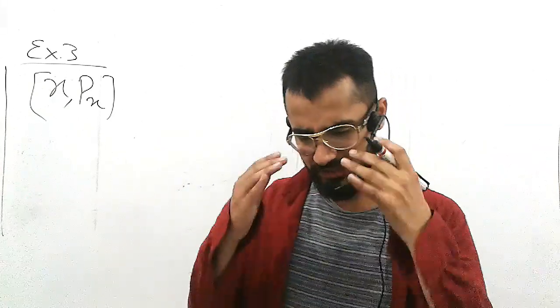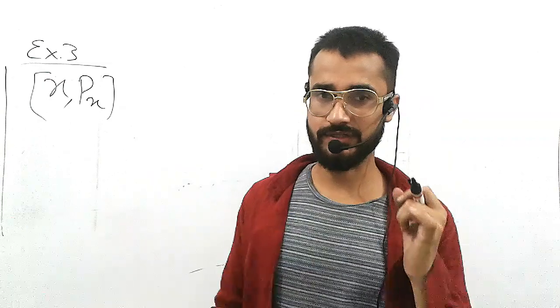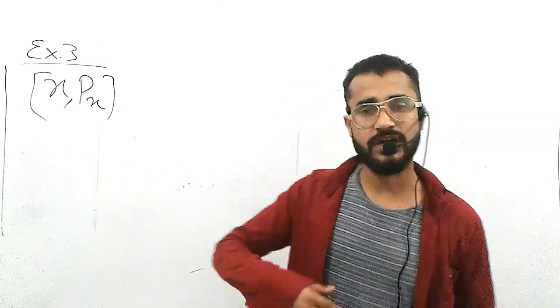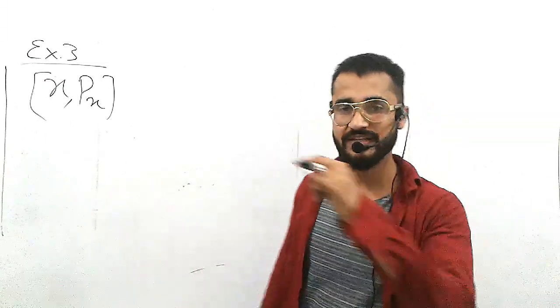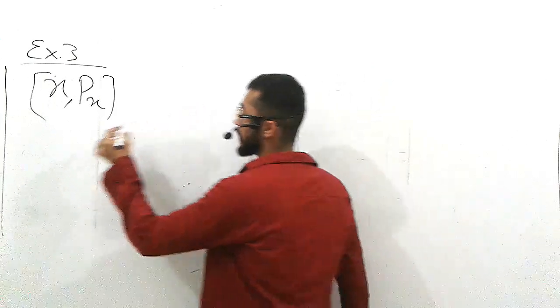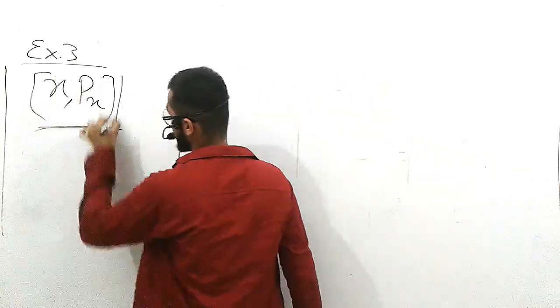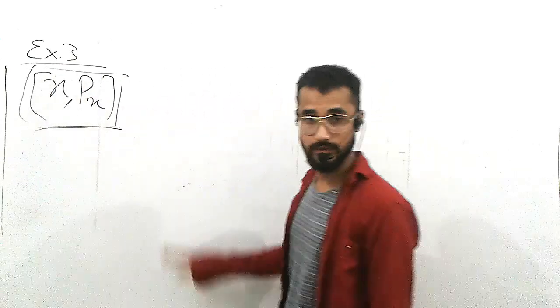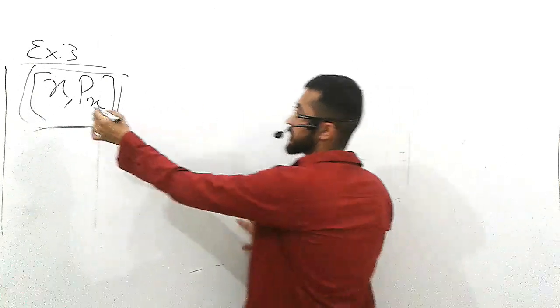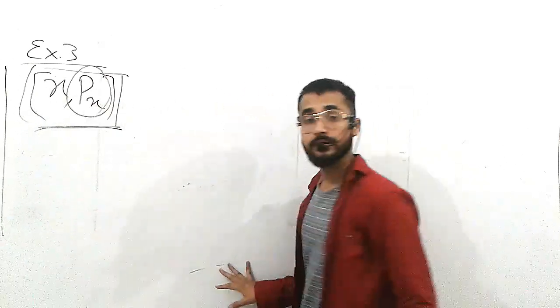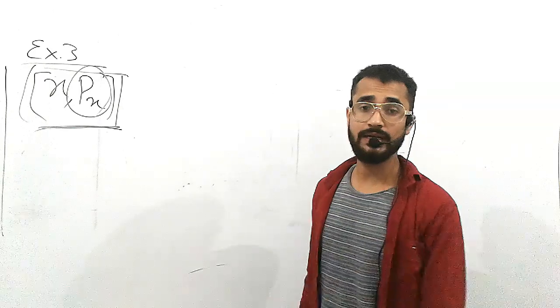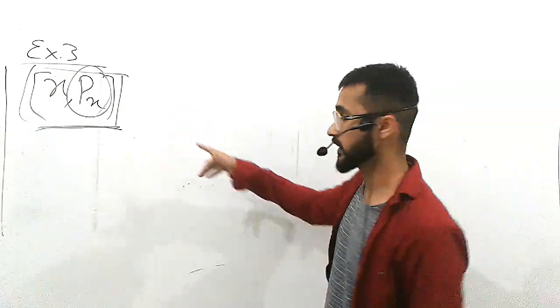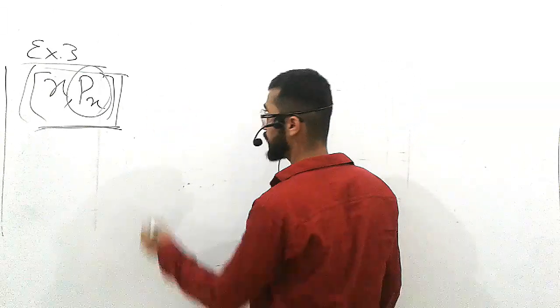We just have to remember the basic tricks of quantum that I have told you, and see how easy it will be. Look at the board. It is the linear momentum operator p x, and x. How to solve it?